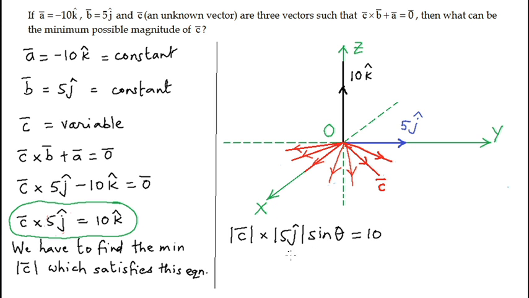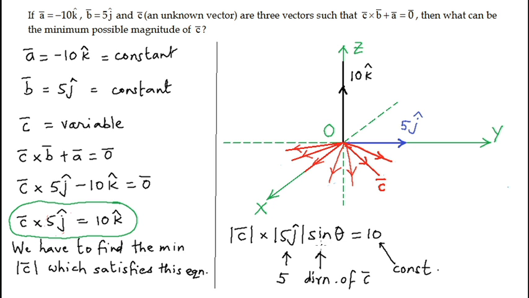Notice that on the left hand side, mod of 5j cap is fixed, it's a constant, it's equal to 5. Sine theta is dependent on the chosen direction of c bar, and on the right hand side this 10 is of course a constant.